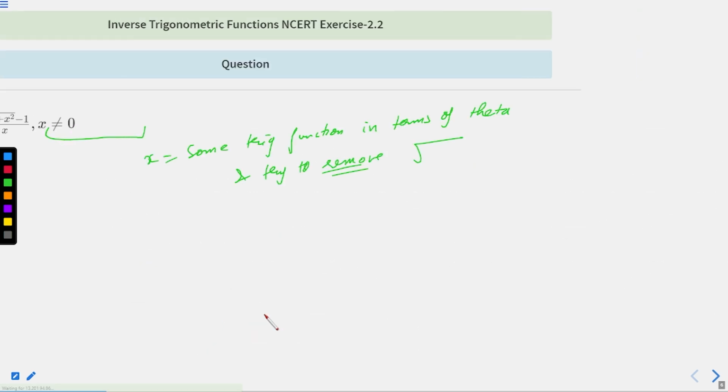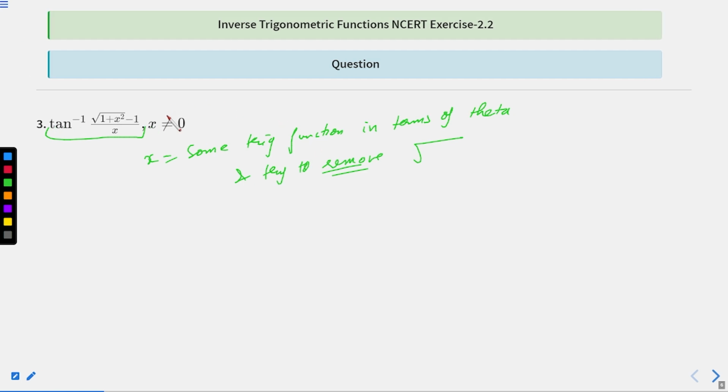As you can see, x belongs to any real number except 0. Why except 0? Because we cannot divide here at 0. Otherwise you can use any real number value, as we saw.